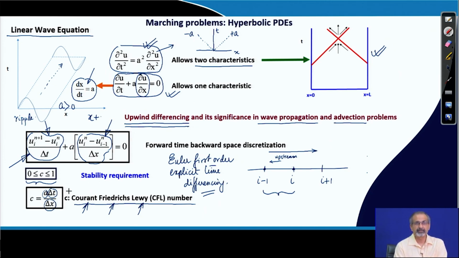So, a delta t is basically the distance travelled by the wave within a delta t time span, and delta x is the grid spacing. So, you are basically talking about a ratio of the distance traversed by the wave by the grid spacing. And what it says through the stability requirement is that a delta t cannot exceed delta x.